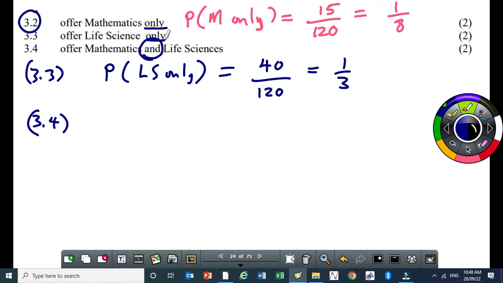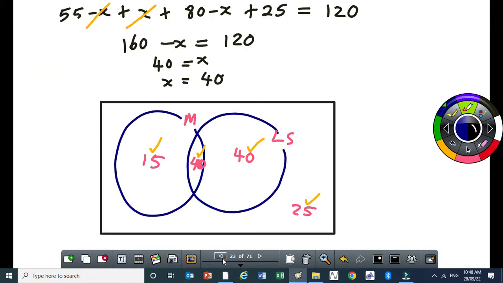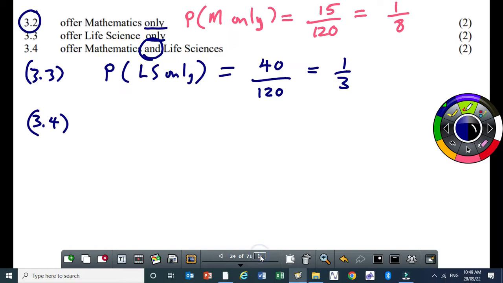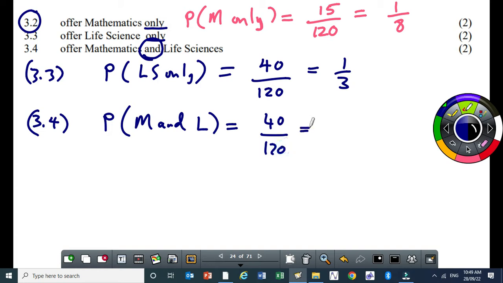So "and" means what? They intersect. Those learners who are doing both subjects. And if you go to a Venn diagram, how many are there? It's 40. Okay? So P, M, and L. That will be equal to 40 divided by 120, which is equal to 1/3.